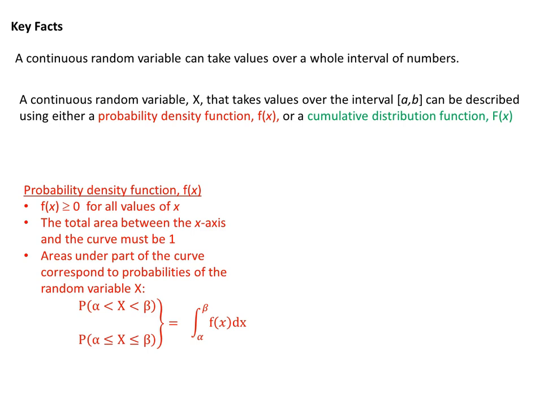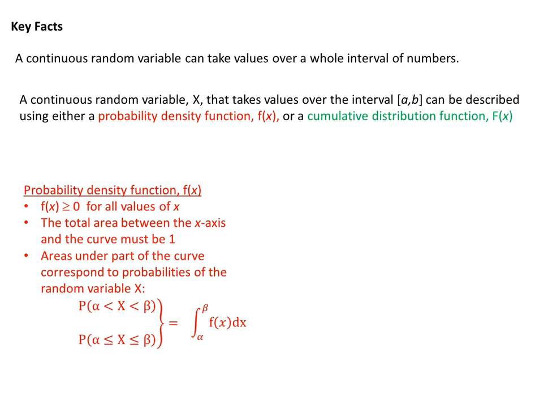And notice that it really doesn't matter whether the interval that we're trying to find the probability for is a closed interval or an open interval or half closed and half open. So the probability that the random variable x lies between alpha and beta is given by the integral between alpha and beta of the probability density function.